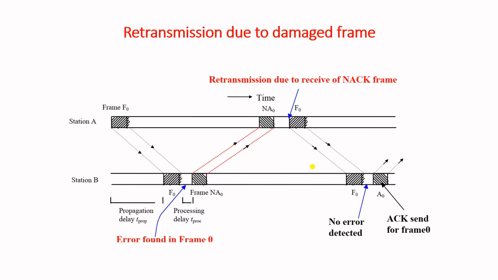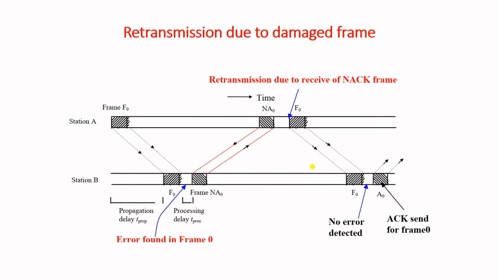It is received and station A comes to know that there is some error in the frame which was previously sent. After that, it sends that frame F0 again, and after that there is no error detected, and the station B sends positive acknowledgement for the frame F0 to A. So in this way the retransmission due to damaged frame works.